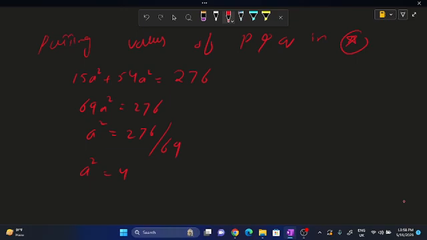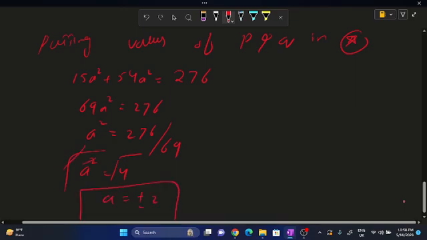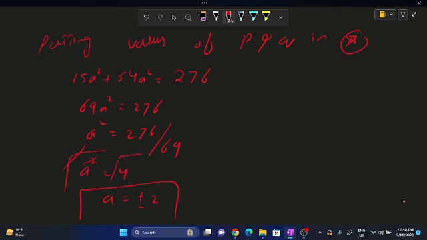After dividing, you need the value of a. This is a squared, so apply the square root on both sides. That gives you a equals plus or minus 2. You know that whenever you take a square root, you have two values, one positive and the other negative. In this question there is no restriction that you have to consider only a positive value or only a negative value.